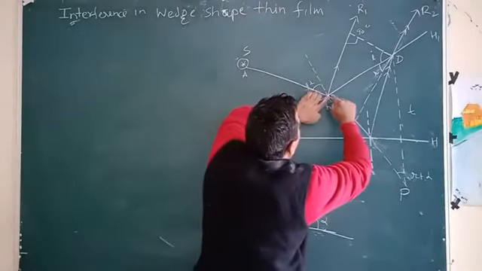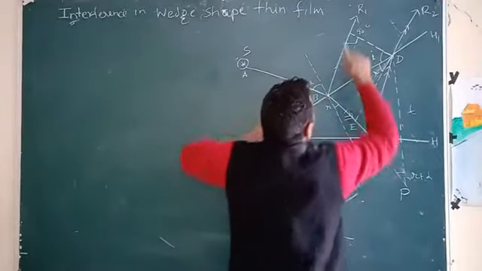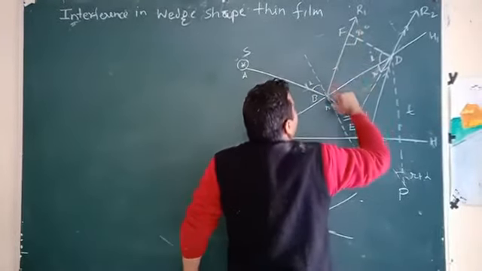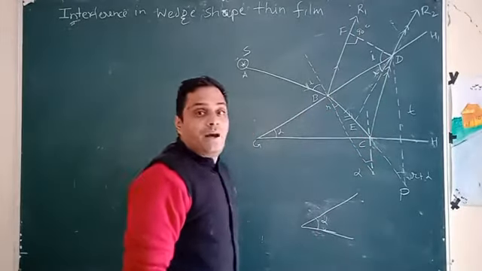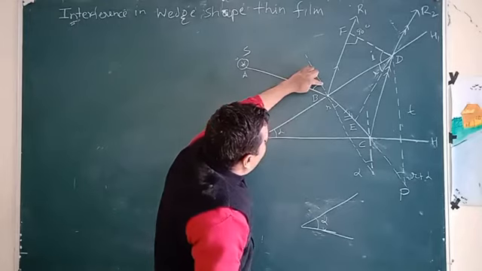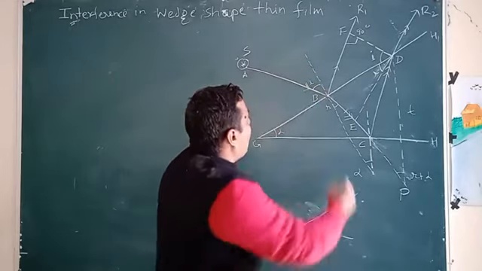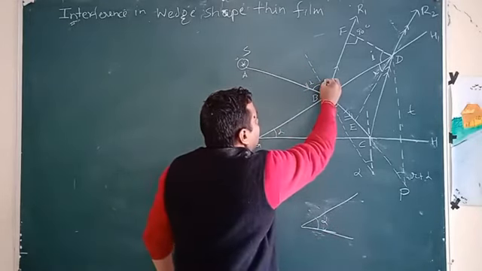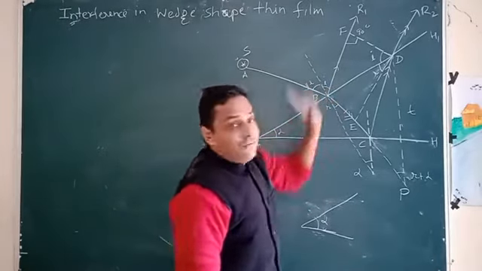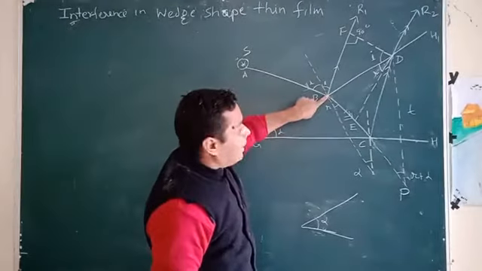It will be reflected along BR1. Again, the incident angle is i and it is reflected at i along BR1, and some will be refracted.